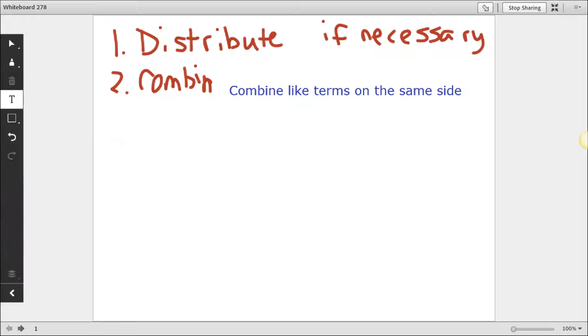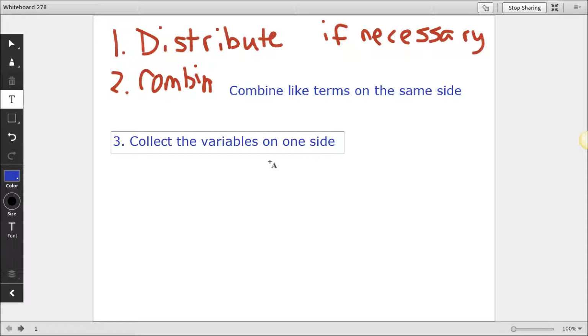We're going to make a wall and we're not going to cross it. Step 3. In this step, we're going to collect the variables or move the variables to one side. And this will be by addition or subtraction.